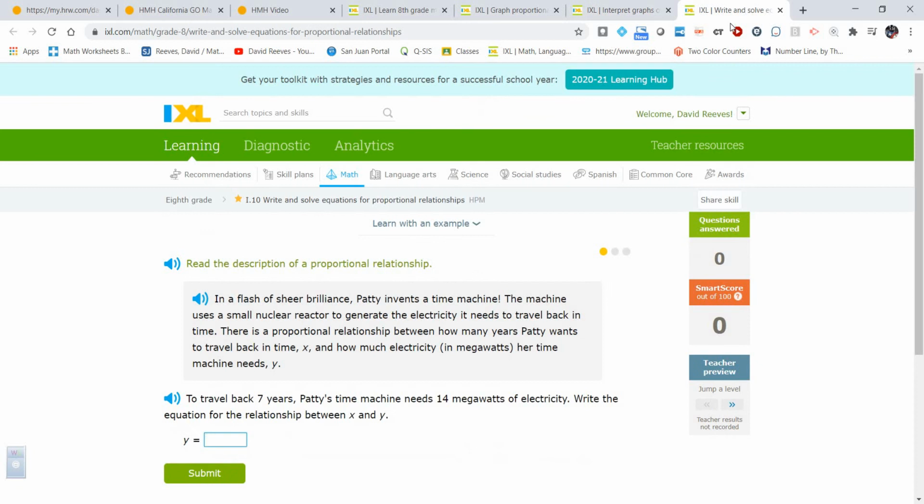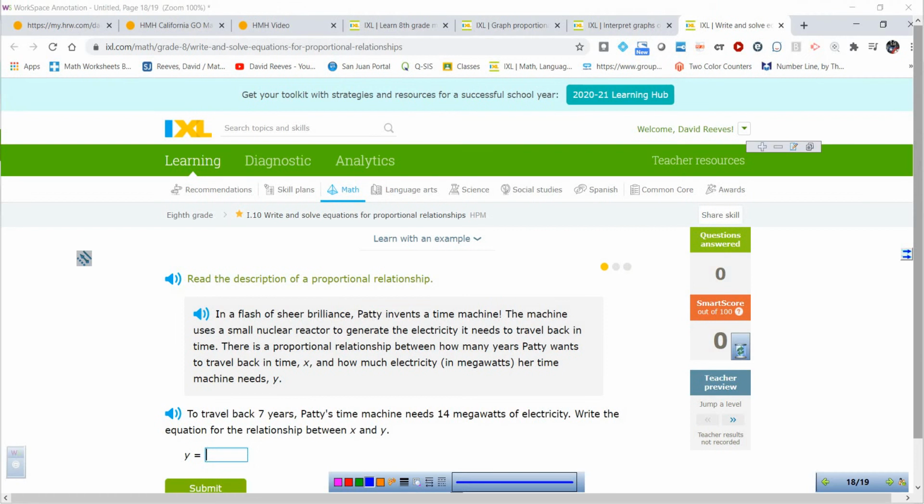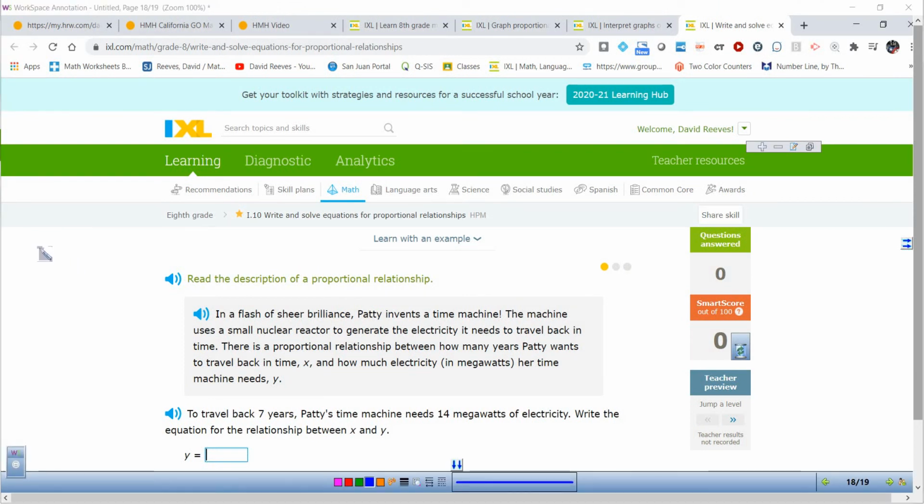We're going to do one more here together, and that is writing and solving equations for proportional relationships. Before we do anything, just remember, in a proportional relationship, y divided by x is equal to k, which is my constant of proportionality.